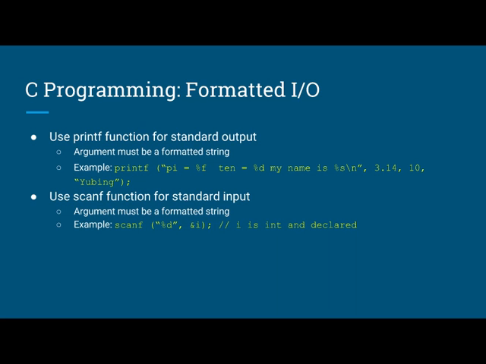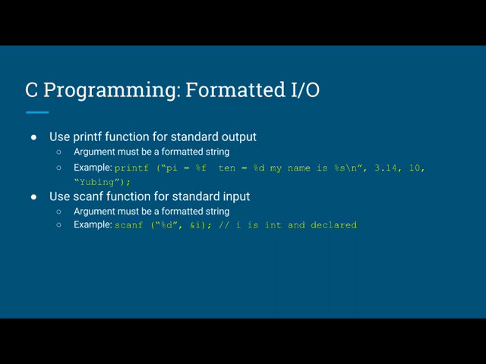Similarly, we use formatted input to get input from users through the command line. For example, if we want to read an integer from users, what we need to do is scanf with %d, which stands for decimal integer, and we have this &i. Remember this one? The address of i.